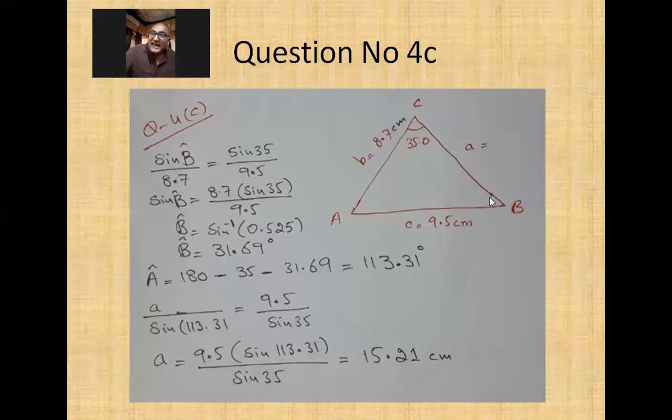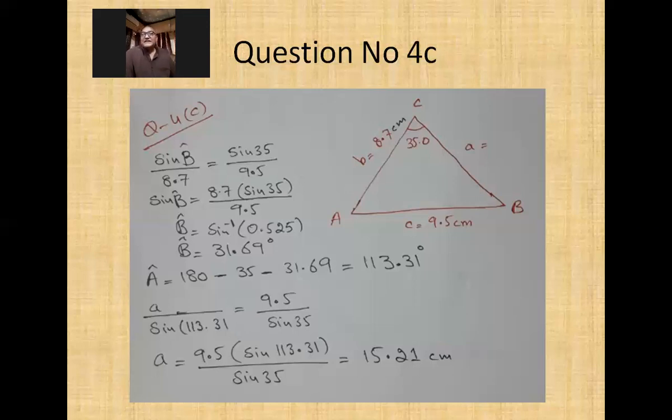Once I know the C angle and the B angle, I can very easily find the angle A. Angle A will be equal to 180 minus 35 minus 31.69. So that will be equal to 113.31 degrees. So now I know the angle A also. If you want to find this side, I can use the law of sines.